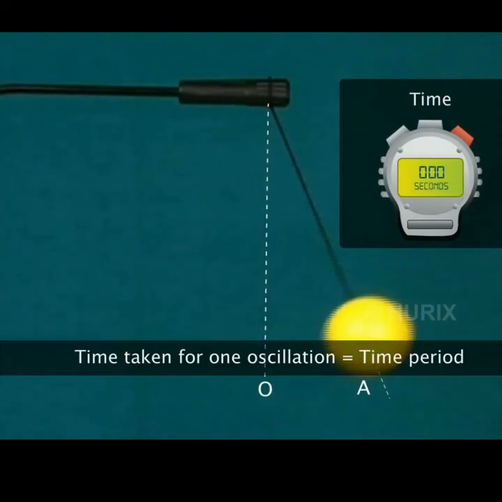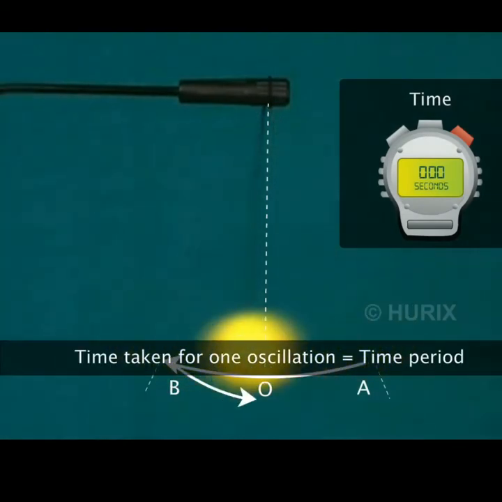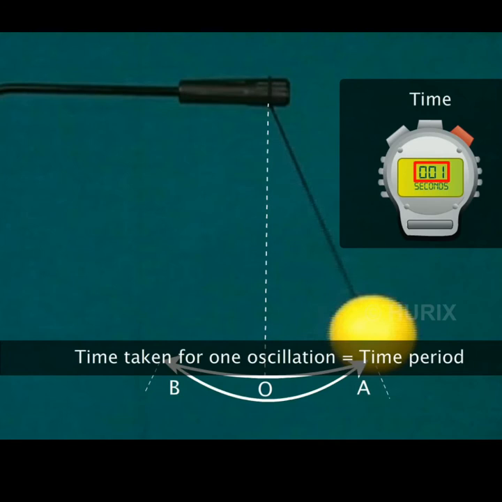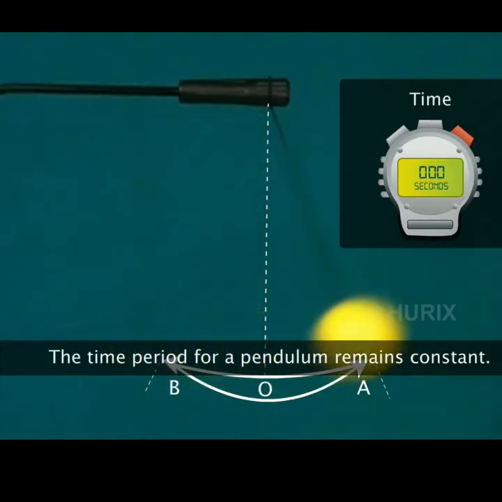The time taken by a pendulum to complete one oscillation is its time period, and the time period for a pendulum remains constant.